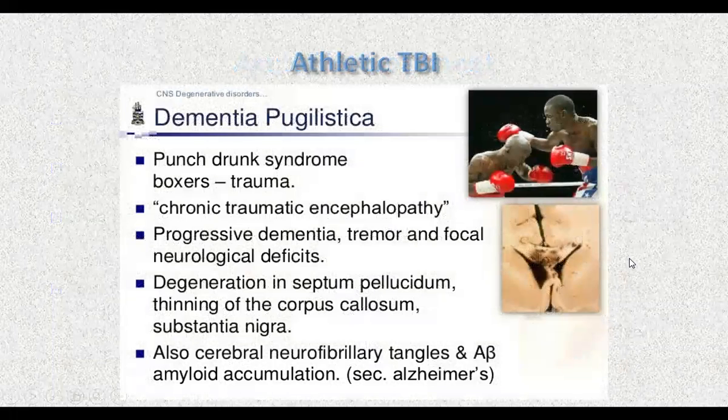And we've already introduced this idea that there's such a thing as athletic traumatic brain injuries. Athletes, and football players are probably the poster children for this disease. Though it was first recognized in boxers, when it was called dementia pugilistica, and now it's obviously known as chronic traumatic encephalopathy.